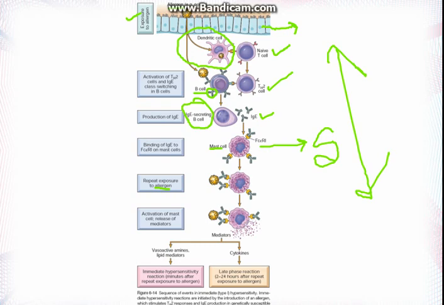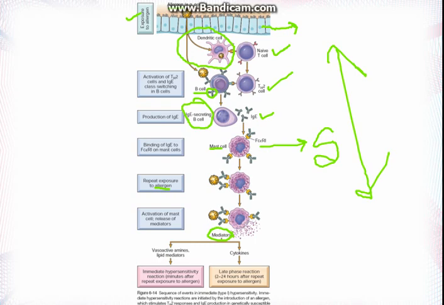Now on repeat exposure to the allergen, what will happen is this directly binds to the IgE and there is release of the mediators. Okay, now we can understand that this is a type 1 hypersensitivity reaction in which a previously sensitized individual, on exposure to the allergen, binds to the IgE which was present on the surface of the mast cell, and there is release of mediators which will give the clinical effects of the type 1 hypersensitivity reaction.